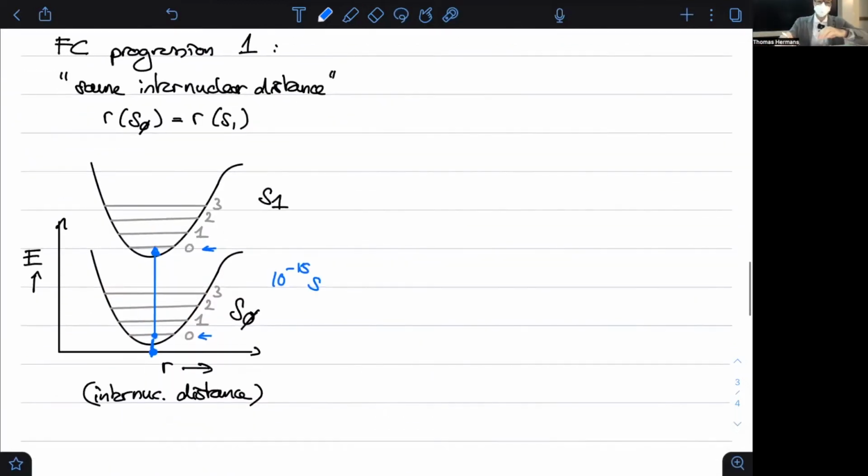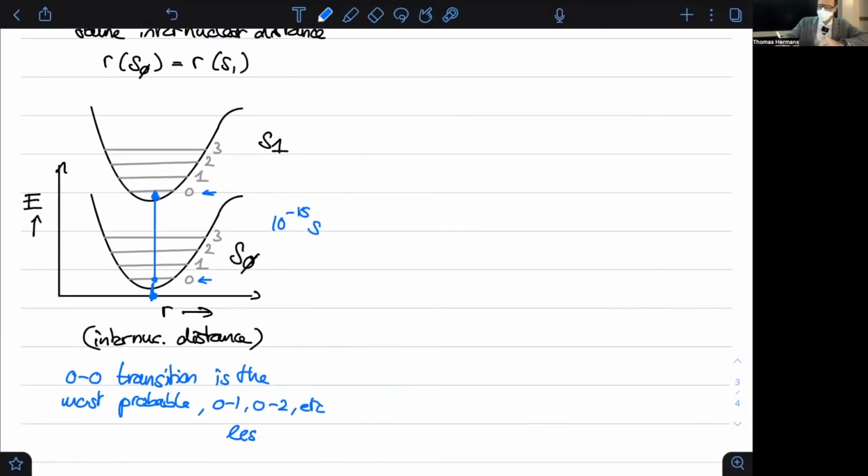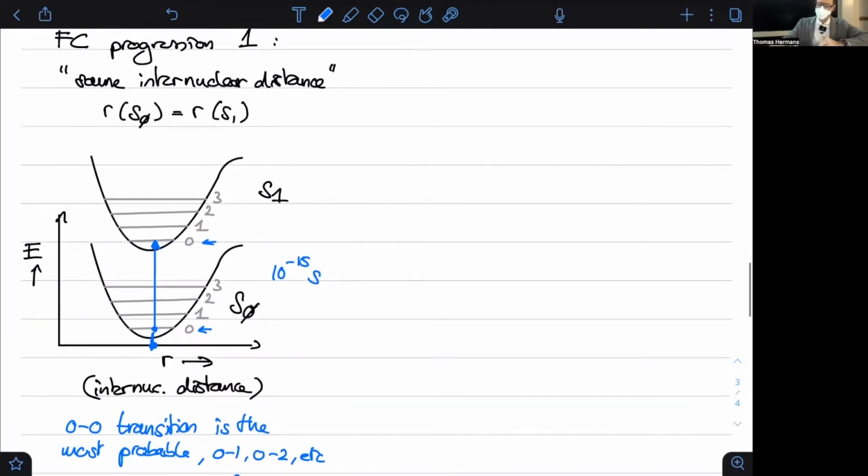So this means that for this Franck-Condon progression, this 0-0 transition is the most probable, and 0-1, 0-2, etc. less. Okay.